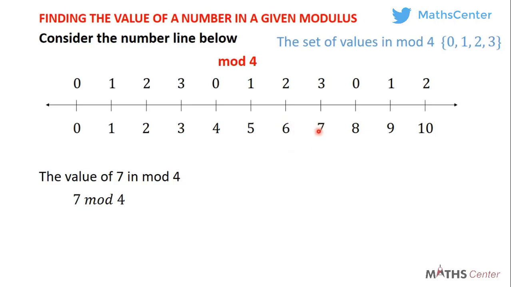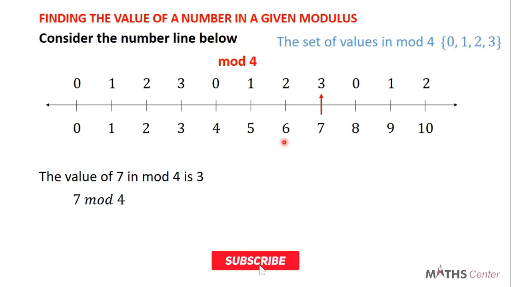On this number line, we can see that 7 corresponds to 3. So it means that the value of 7 in mode 4 is 3. We have seen that the value of 7 in mode 4 is written as 7 mode 4, so 7 mode 4 is equal to 3.